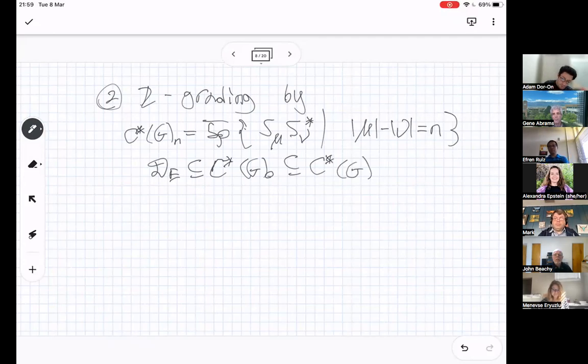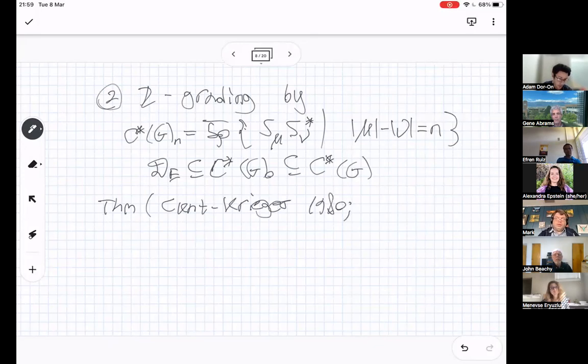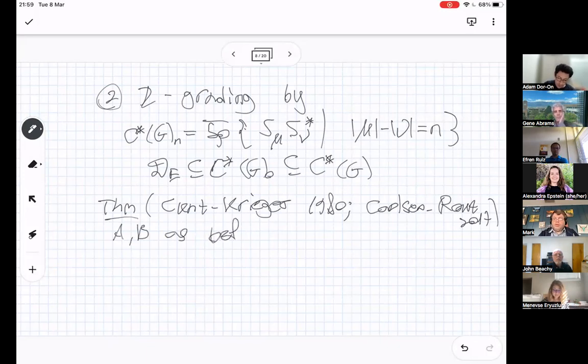And then if you wanted to encode, say, strong shift equivalence in terms of this extra structure, this is actually a theorem that in one direction is attributed to Cuntz-Krieger, and in the other direction to Carlsen and Rout, 2017. So A and B, as before, adjacency matrices.